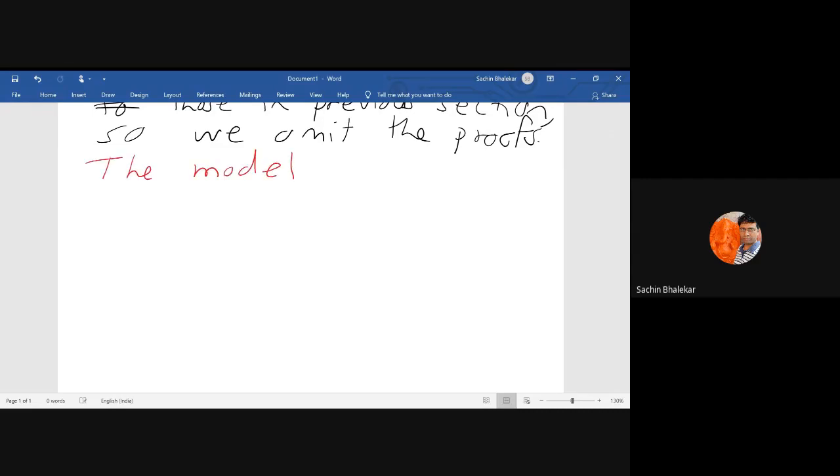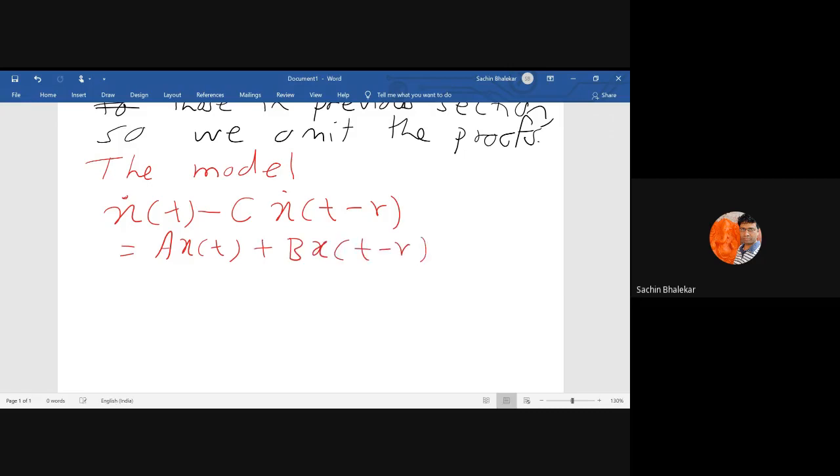The model under consideration is x dot of t minus c times x dot of t minus r equal to a into x of t plus b into x of t minus r plus f of t.